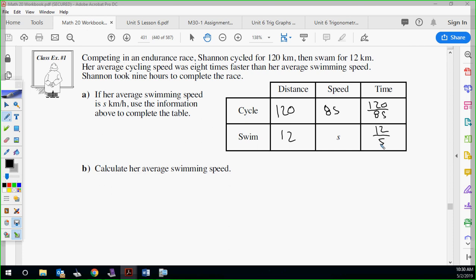We know the time for cycling and the time for swimming should add up to 9. That's the setup. That's the comprehension. So the whole race is a combination of cycling and swimming, and so you set it up as 120 over 8s plus 12 over s equals 9. That's your rational equation setup.